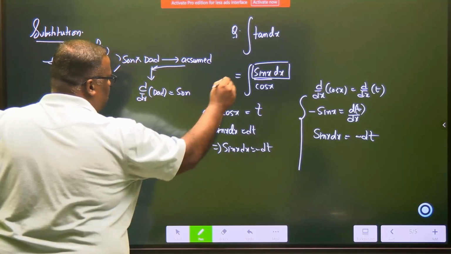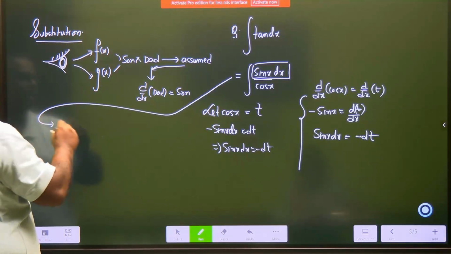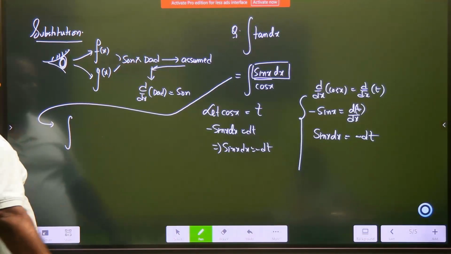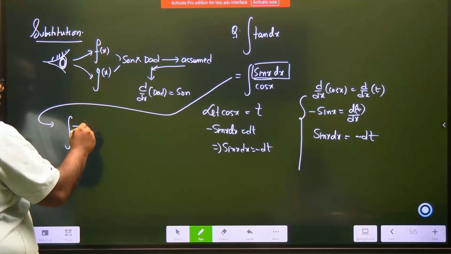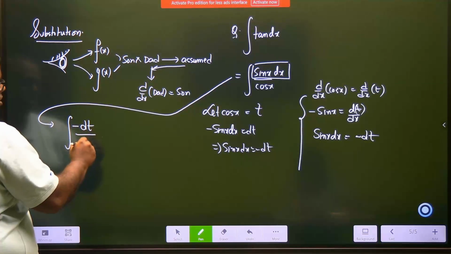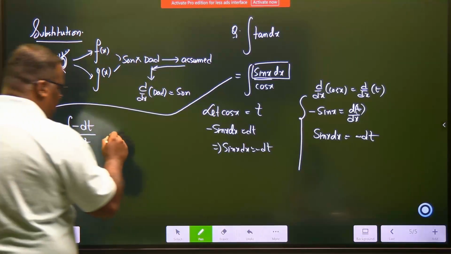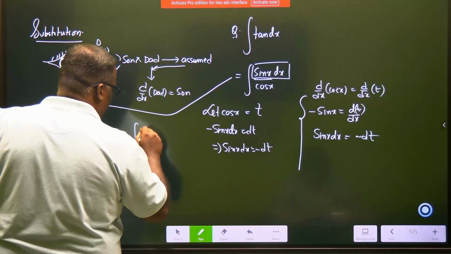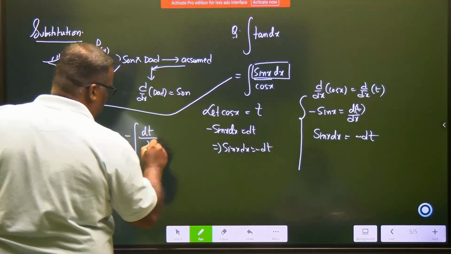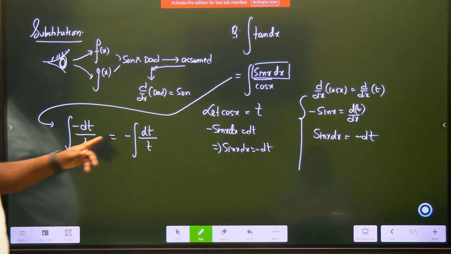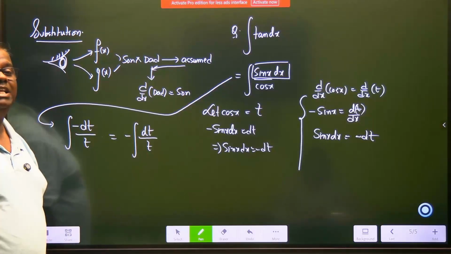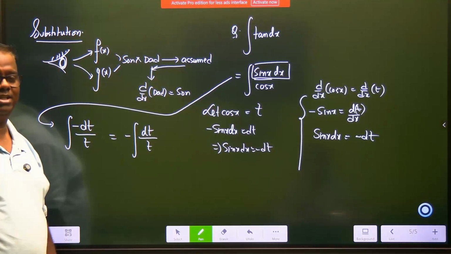So from this step, I can now write my integral as sin x dx, which I'm writing as negative dt, and the bottom is t. Tweak it better. Now this becomes negative dt by t. Now this is an identifiable format. Integral dx by x is log x.